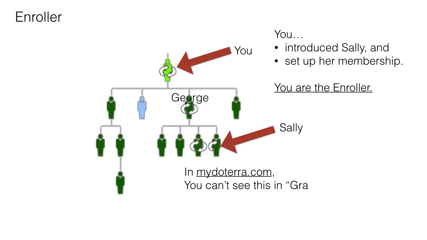Now, in doTERRA.com, you can't really see that relationship between you and Sally. Since you did all the work, Jack may have brought her to the class, but he's really not in doTERRA. He's not interested, and you've had that discussion with him, so you are the enroller, but you can't see that in this diagram here. You need to click on Sally.